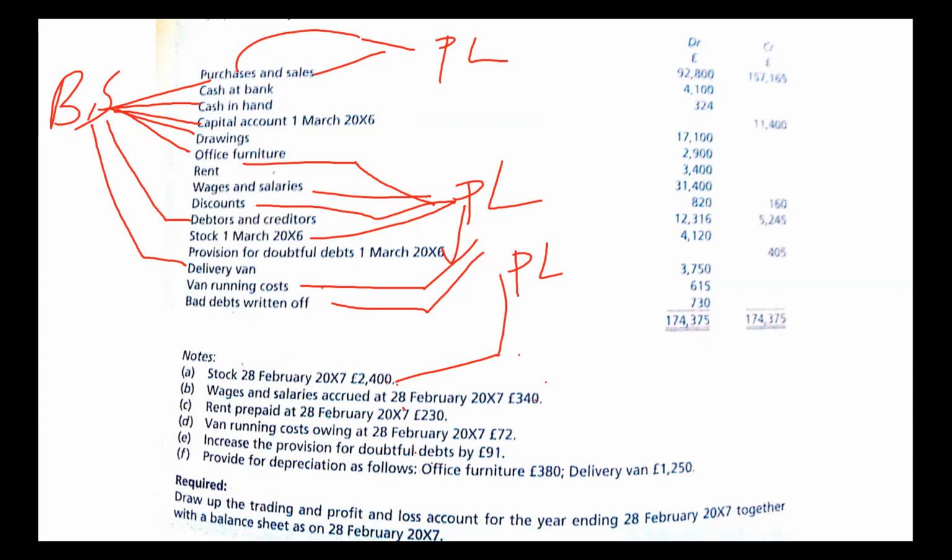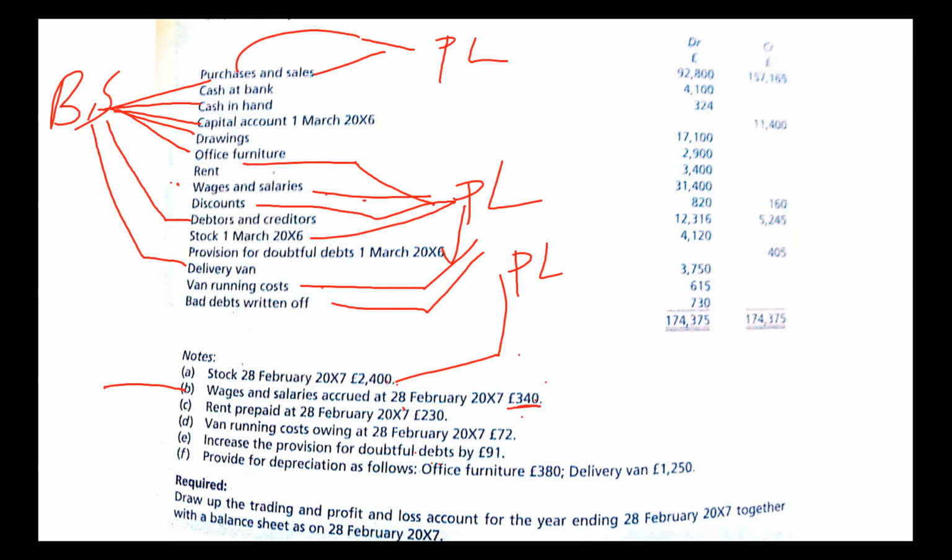As long as they are accrued, they will have to be added to the salaries. So for accrued wages and salaries, you add them to wages and salaries. You have the figure for wages and salaries, then you add this amount, the 330.